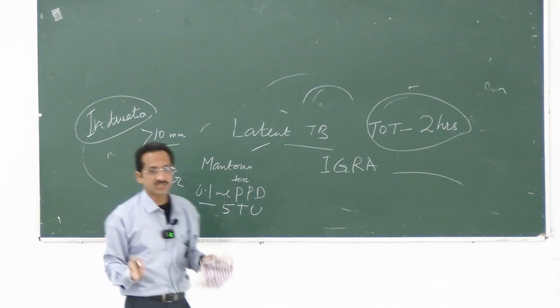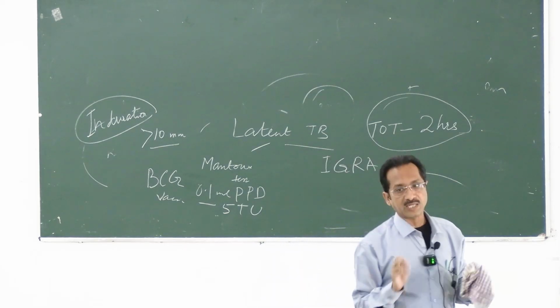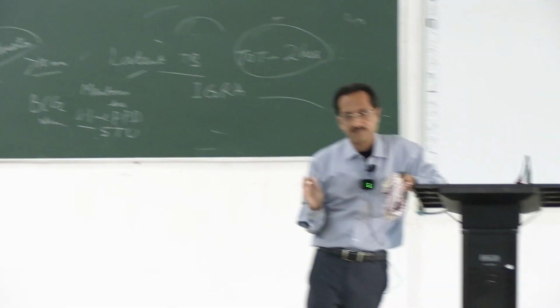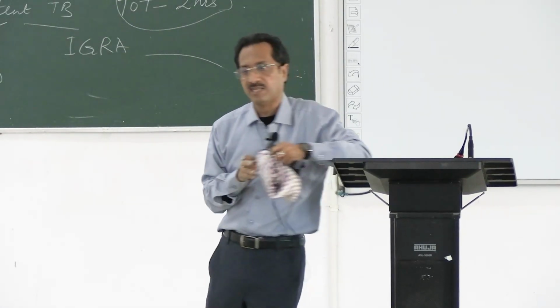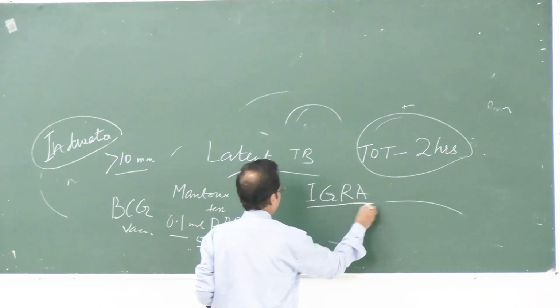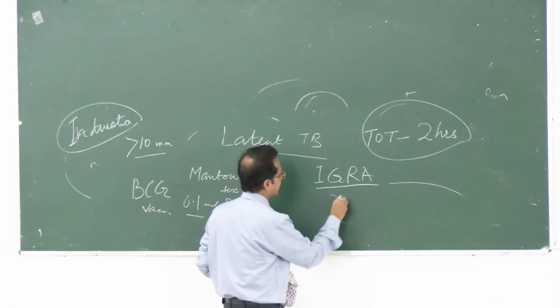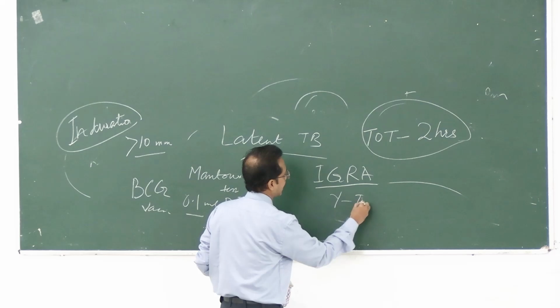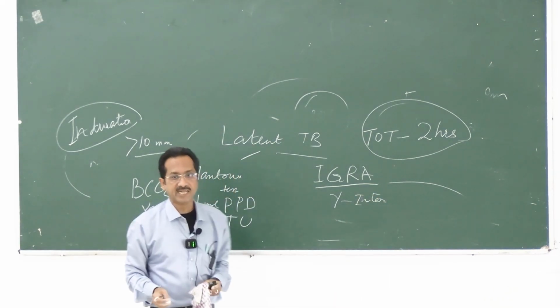It is not diagnostic, it gives an idea the patient was exposed to tubercular bacilli. So the Mantoux test is positive even with BCG vaccination, but IGRA is not positive with BCG vaccination. What is the method? Gamma interferon release assay. What is the sample taken?